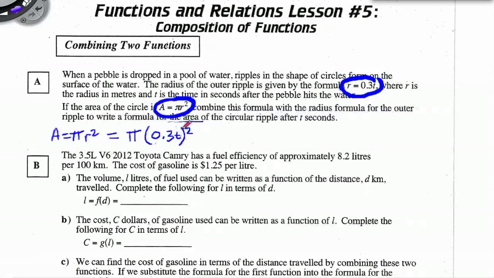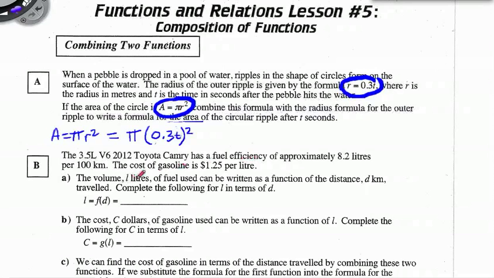So moving on to the second question here. It's talking about a Toyota Camry that has a fuel efficiency: 8.2 liters is consumed per 100 kilometers. Cost of gasoline is $1.25 per liter.